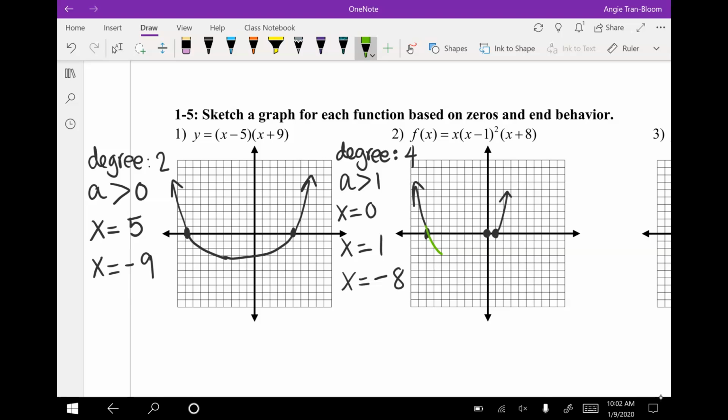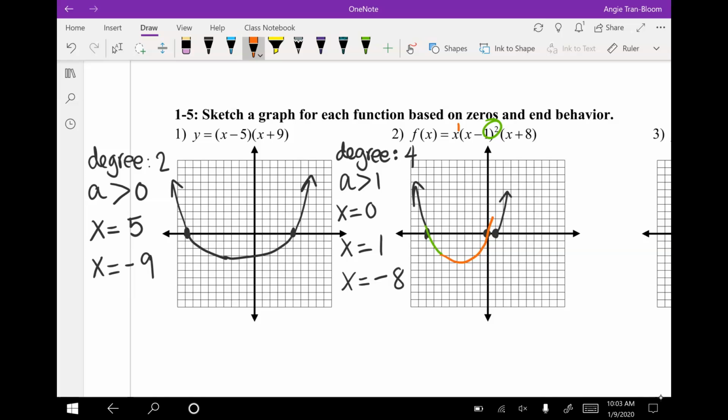So far, so good? At 1, what degree is that? 2. So do I cross or bounce? Ah, okay. At 0, what degree is this? 1. So do I cross at 0? Yes. Okay, so here we go. Would you agree? I knew I just crossed that. This I need to cross at 0.